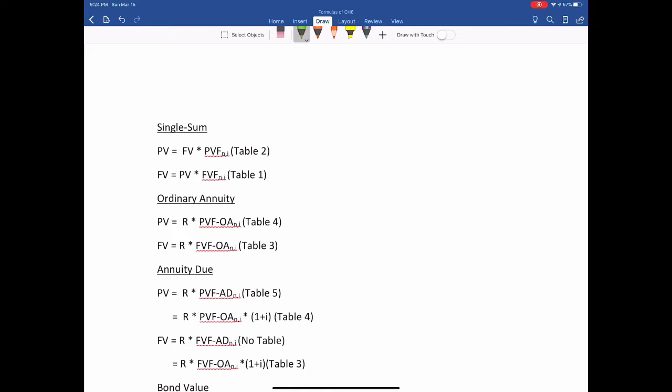Okay, so if you know the meaning of time value of money, we can move to the next step, how to apply it. So, time value of money means the cash flow at different time points has different value.